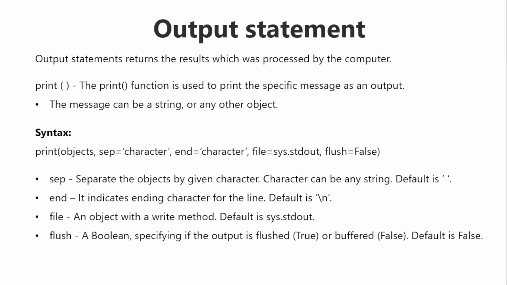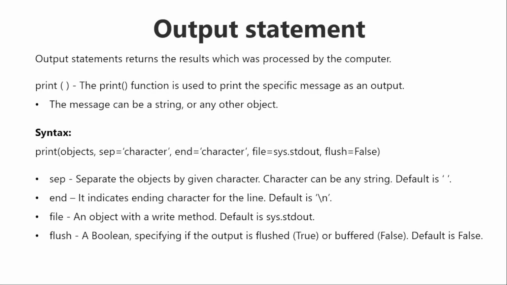The syntax is print(objects, sep=character, end=character, file=sys.stdout, flush=False). The last two are default values. We don't have to give any inputs there, but we can make use of sep and end.